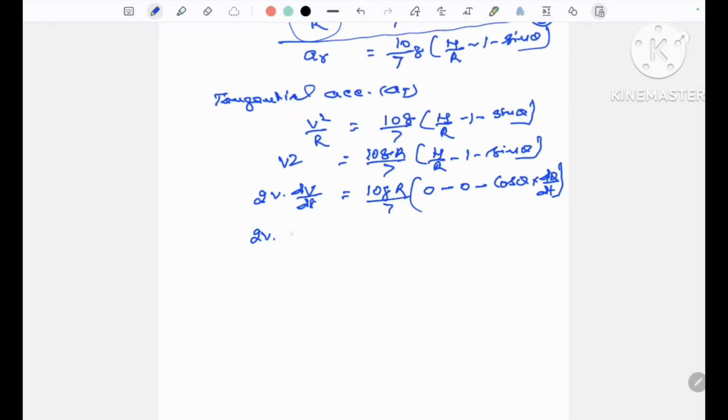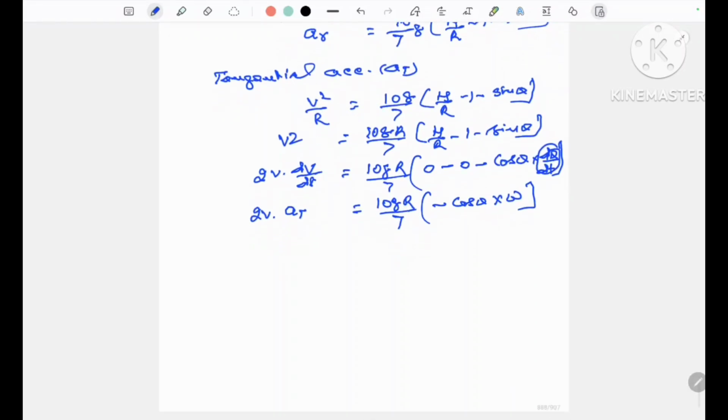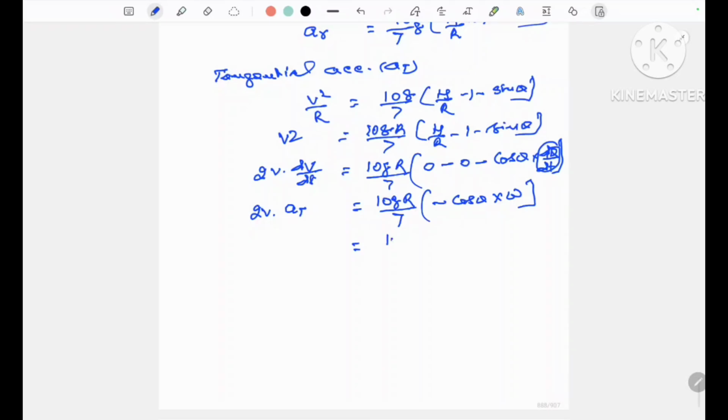2v dv by dt, dv by dt is tangential acceleration at. 10gr by 7 minus cos theta, and d theta by dt is omega, angular velocity, or 10g by 7 cos theta into omega r.